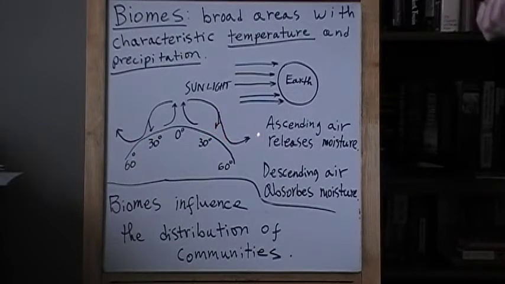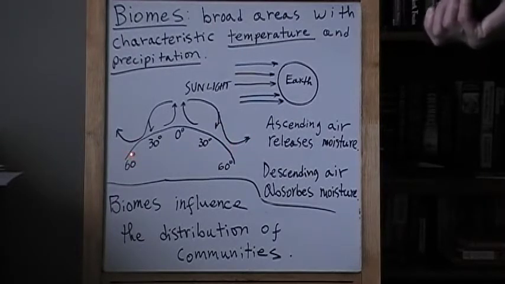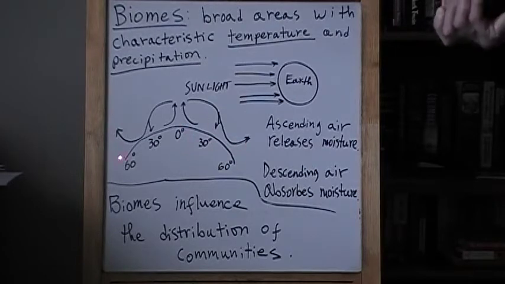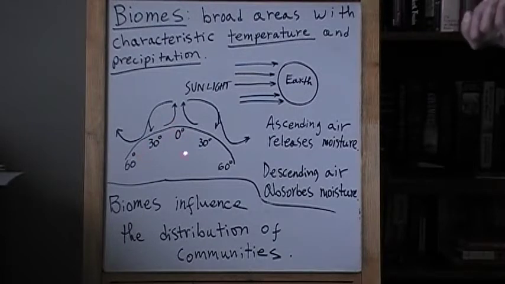Then the air rises again, and it rises around 60 degrees north and south, and again, because it's rising, it loses that water holding capacity and it rains a lot. So you have different areas, different zones of temperature and rainfall, and so you get these different biomes at these different latitudes.